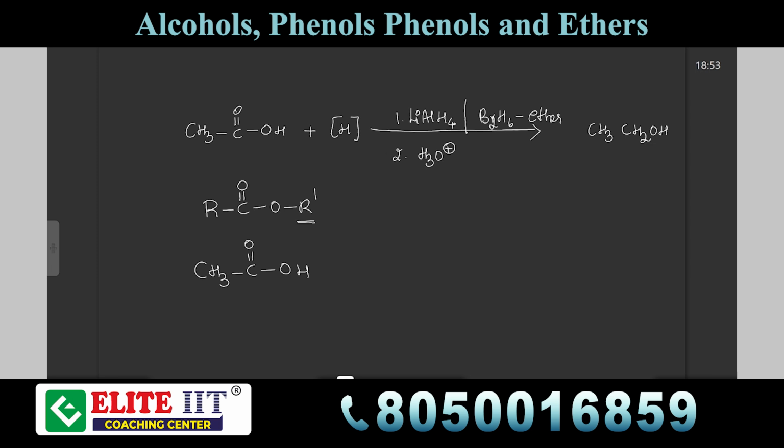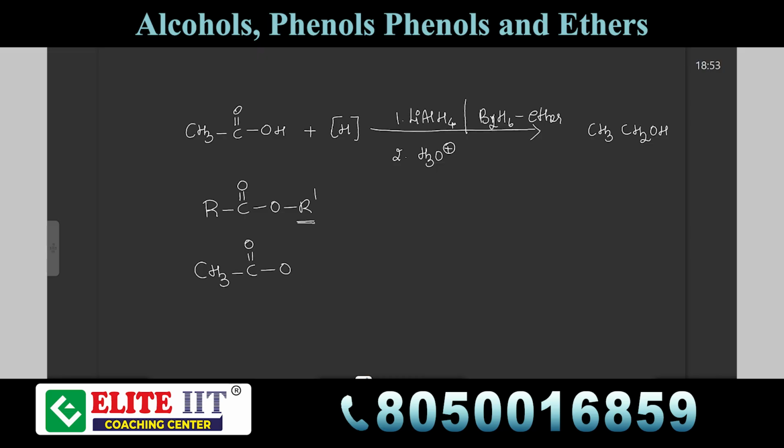What is the ending we give for carboxylic acid? Oic. So this is called ethanoic acid, or it is also called acetic acid. CH3COOH is called acetic acid, or ethanoic acid.